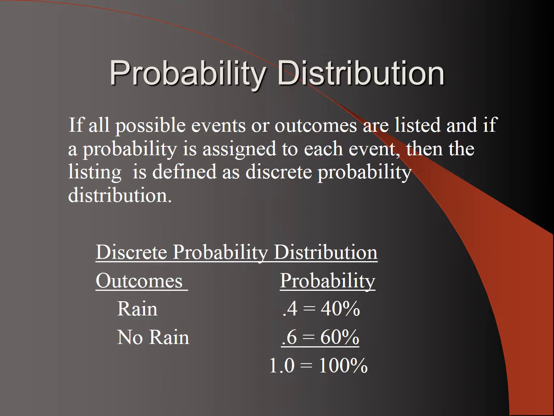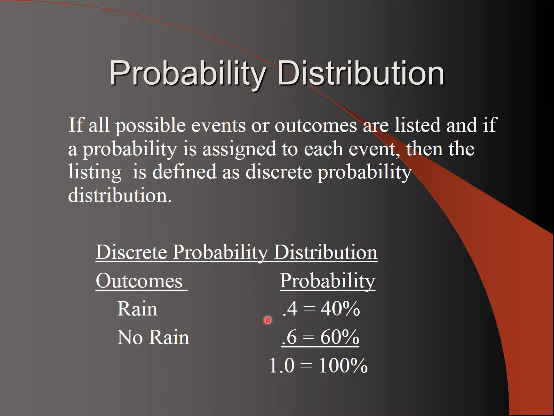So here we have a discrete probability distribution with regard to the weather. And your discrete probability distribution should have all your possible outcomes listed along with the associated probabilities. So here we see that there either is going to be rain or no rain. And we have determined that there's a 40% chance of rain and a 60% chance of no rain.